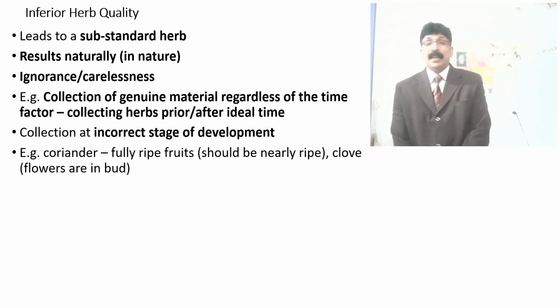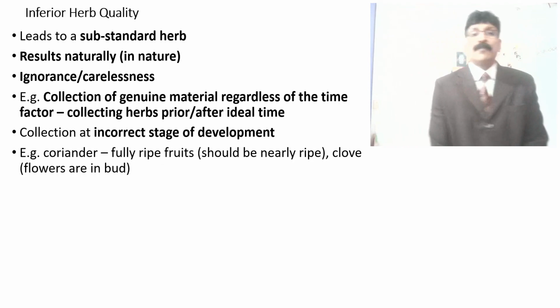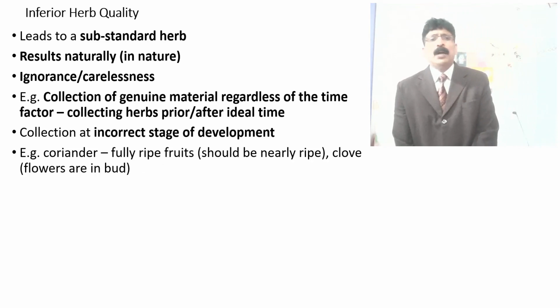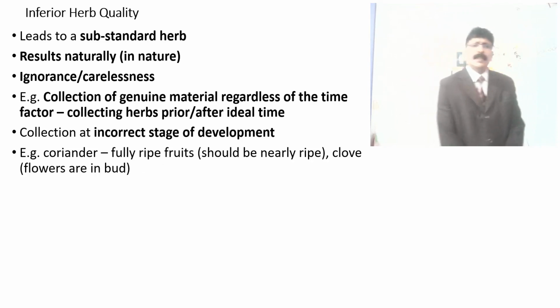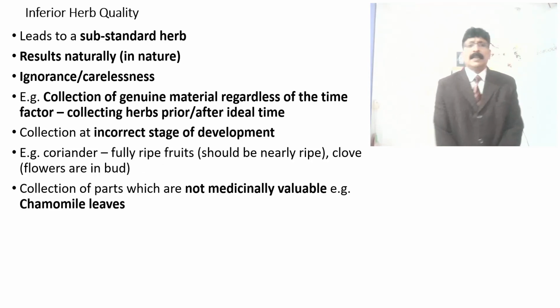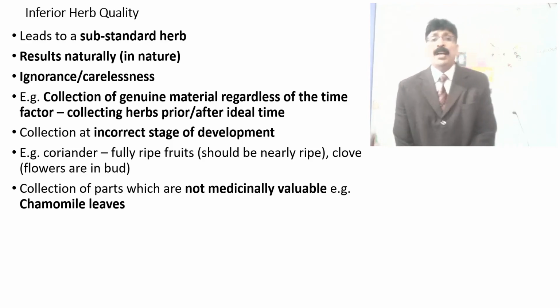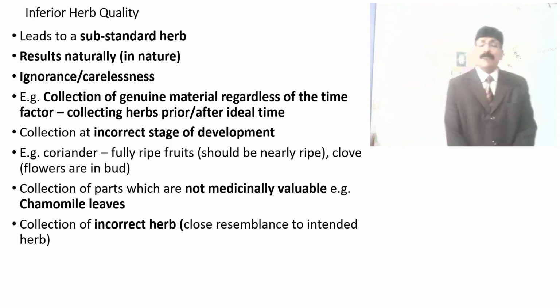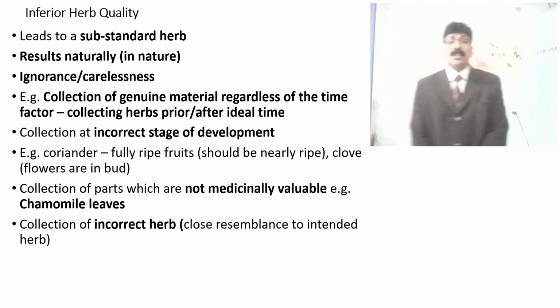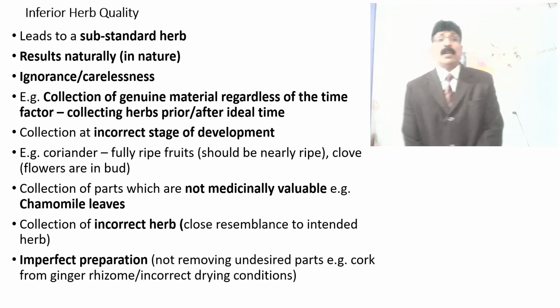An example, coriander: full ripe, fruits should be nearly ripe. Clove: the flowers should be young and the bud should be collected. Collection of parts not medicinally valuable. Example, chamomile leaves. And collection of incorrect herb resembling the same herb is also one type of inferior herb quality.